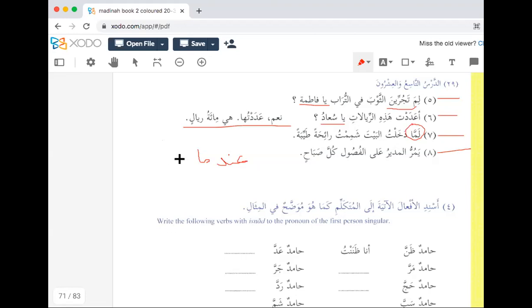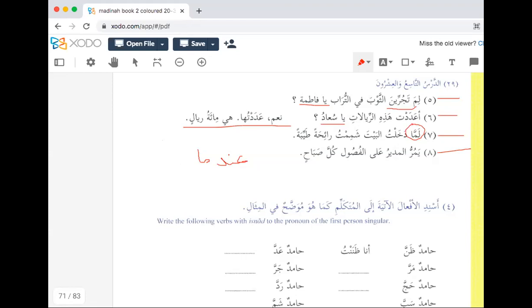لما دخلت البيت. What does it mean? When I entered the home. Yes. Shamim to, I smelt. I smelt good raihatan.